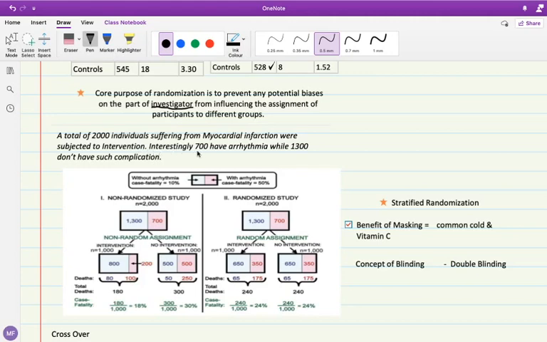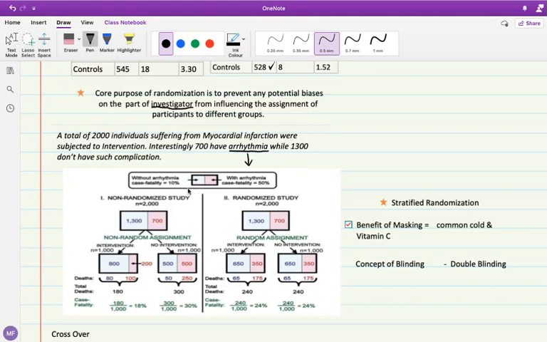Interestingly, 700 have an arrhythmia, an irregular heartbeat, while 1300 don't have any such complications. With arrhythmia, the case fatality rate is 50%, whereas for people without arrhythmia the death rate is 10%.